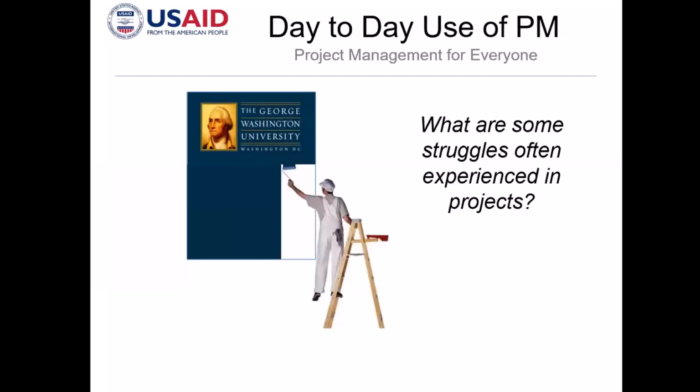So what are some of the struggles often experienced by major practitioners of doing projects? Most of the time it's about the scope requirements, right? So when we do the scope for any given project, we really need to spend some time to review the project requirements because all of the requirements should be included in the scope.